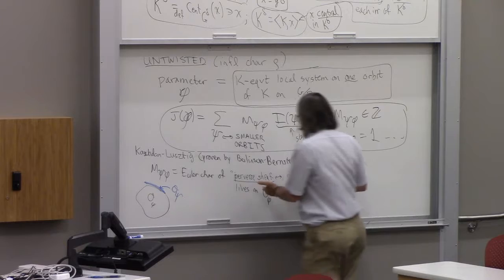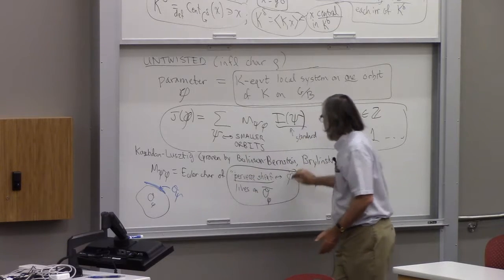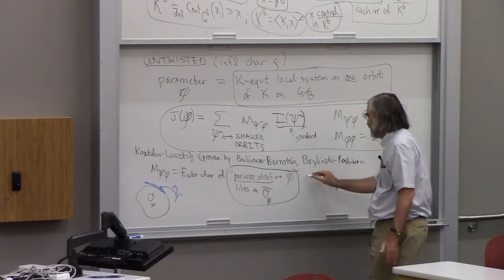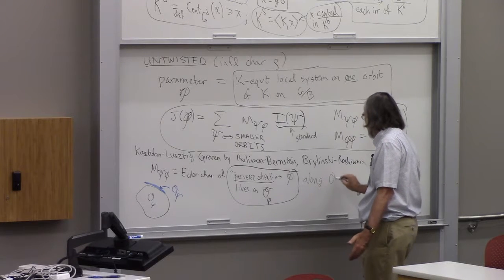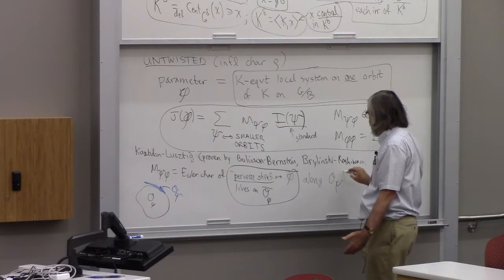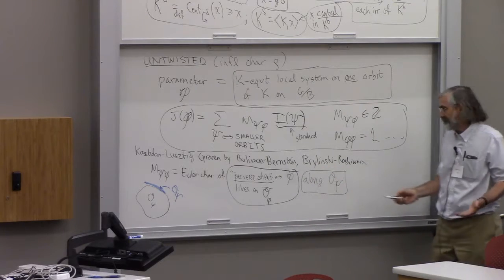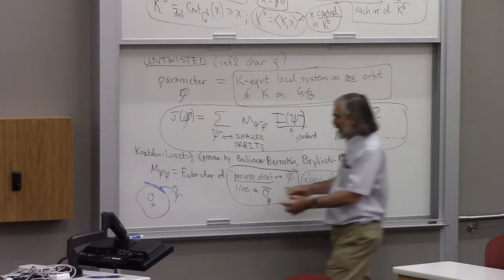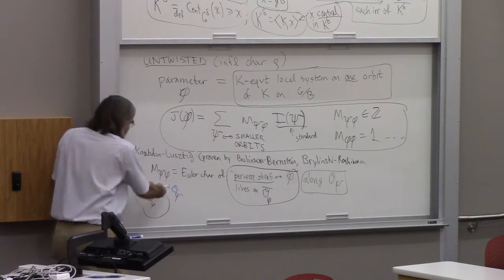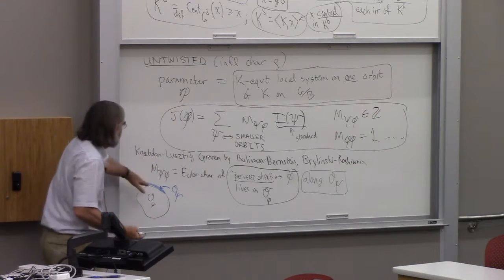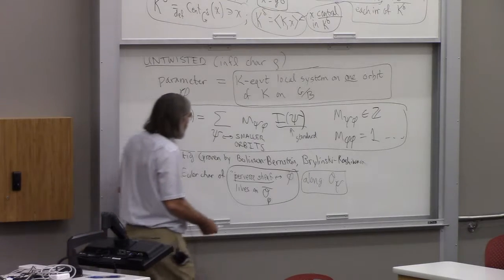The Euler characteristic of this perverse sheaf along this orbit for psi. So this perverse extension measures the singularity of the closure.